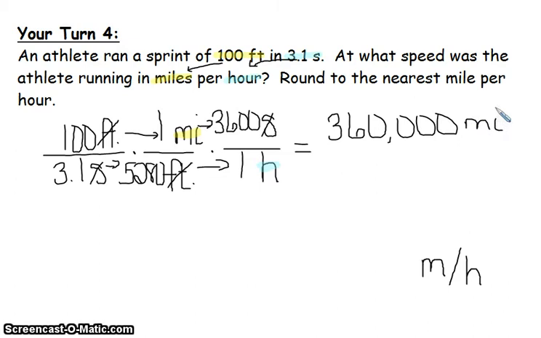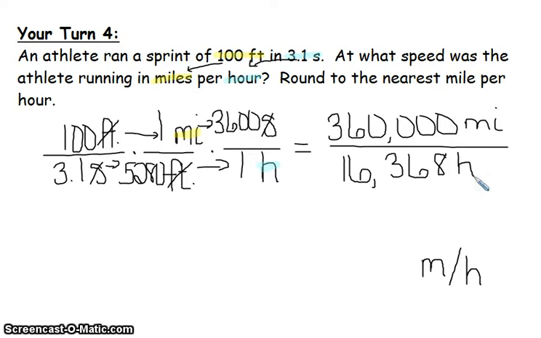So 360,000 miles over, and then multiply the bottom. I've got 3.1 times 5,280 times 1. That's going to give me 16,368. And then the units I have on the bottom are hours, which is a very, very large ratio.